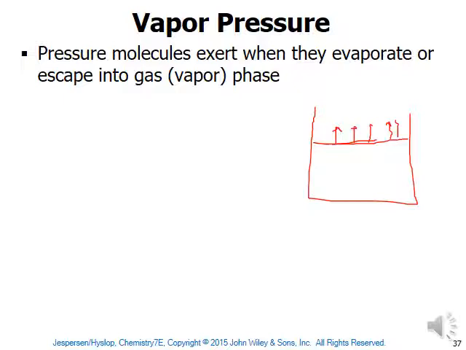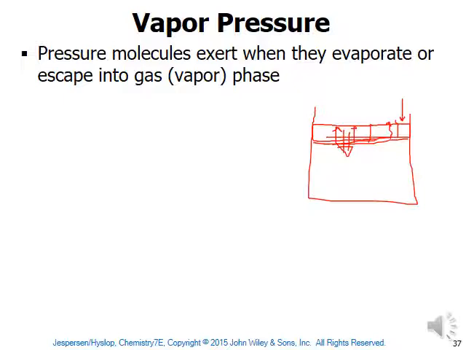Now, the gas doesn't just go up into space and leave the earth, okay? Unless it's helium. But gravity is going to pull on those gas particles and keep them fairly close to the surface. And that gas will actually have a pressure on the liquid.